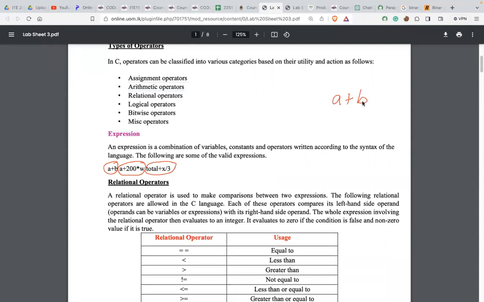B is also a variable. It can be integer, whatever the data type. So an expression consists of variables, operators, and it can be constant values also. A plus B plus 10, likewise, is also an expression. Now I think you have a proper idea of what an expression means.